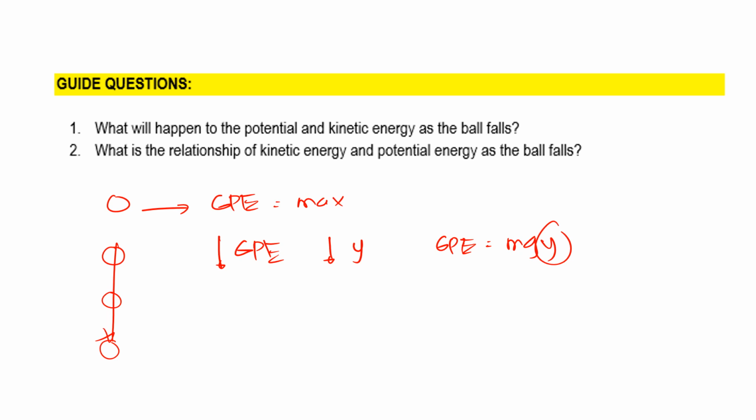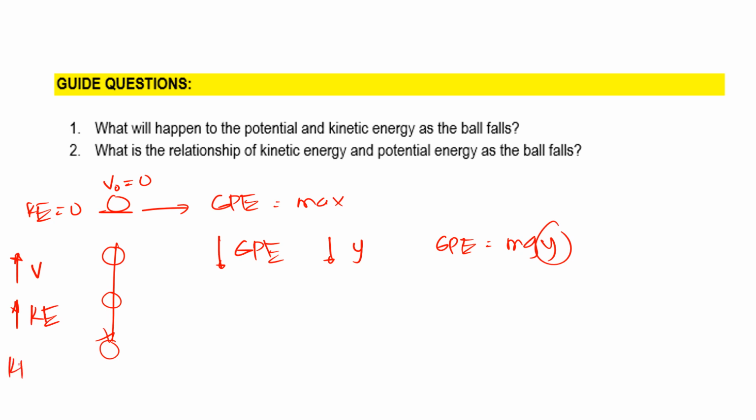So what will happen to the value of the energy there? The energy will be transformed into kinetic energy. At the top, the initial velocity is 0, so the kinetic energy is 0. As the ball falls, there will be an increase in the velocity, or the speed, of the ball, so there will also be an increase in the kinetic energy.